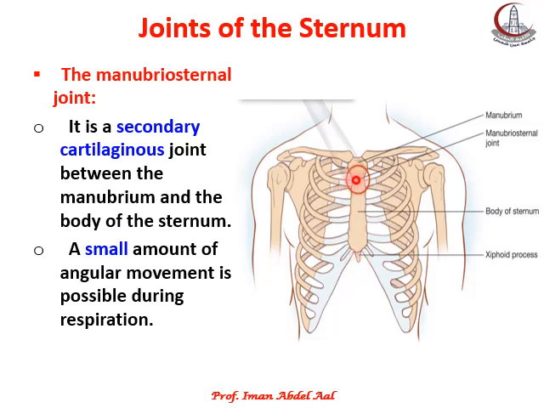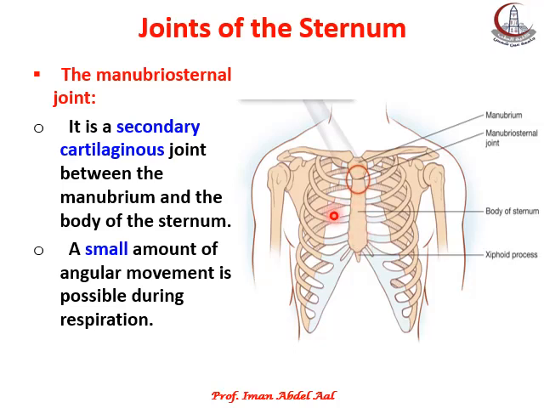The first joint is the manubriosternal joint, marked by the red circle. This joint is a secondary cartilaginous joint between the manubrium sterni and the body of sternum.